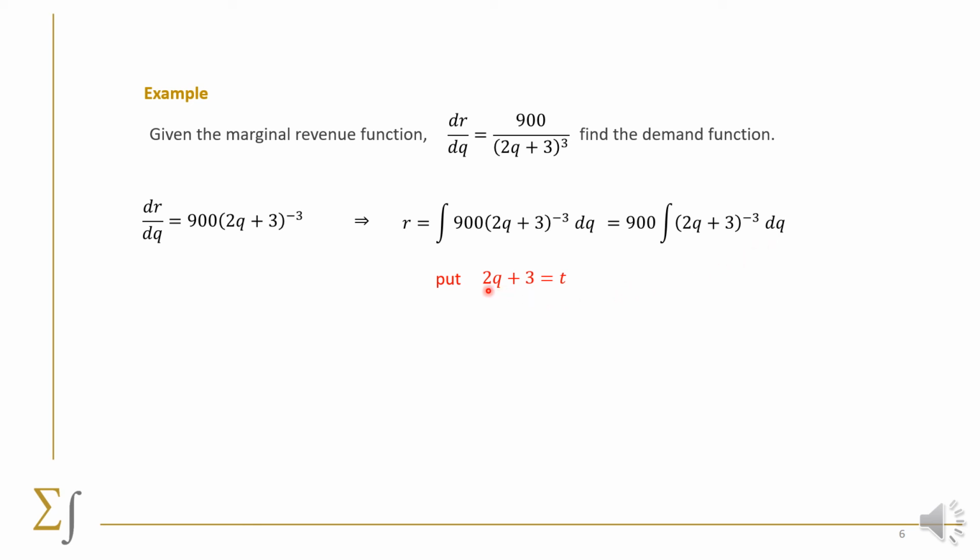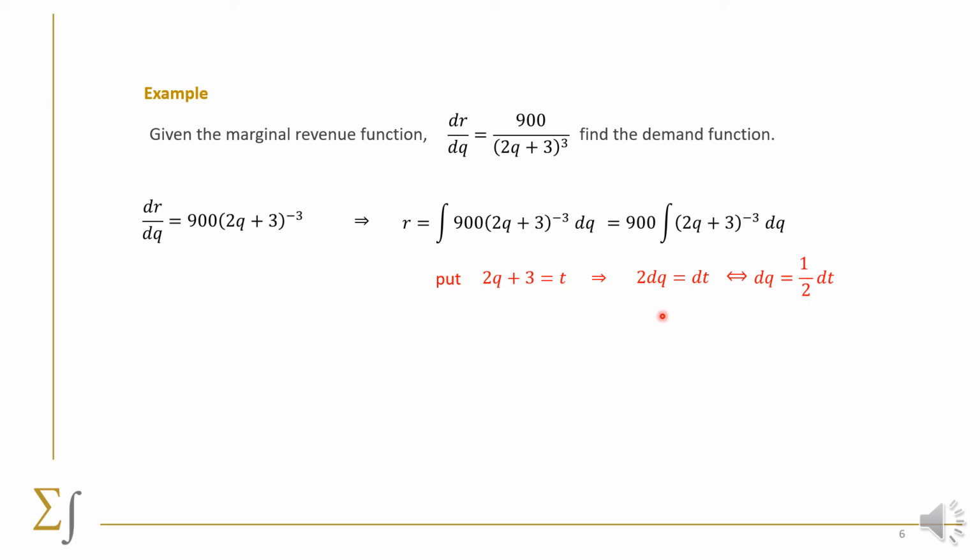The old variable is Q, the new variable is t, and here we have dQ related to dt through this differential. So we have 2 dQ is equal to dt, or equivalently, dQ is equal to half dt. Now we make substitutions. We remove every 2Q plus 3 and put a t. We remove every dQ, we put a half dt.